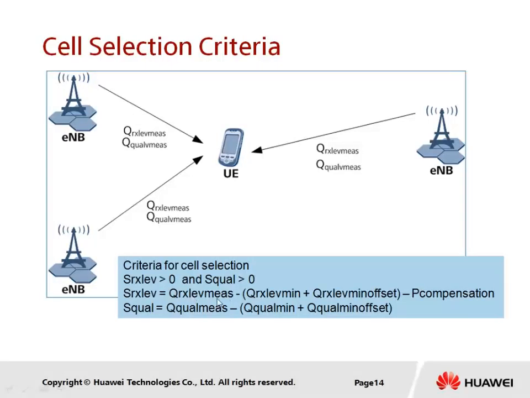That means the measured RSRP has to be greater than the minimum requirement with the minimum offset with P compensation. So is the RSRQ, where the measured RSRQ has to be greater than the minimum requirement with the Q qual min offset. The Q qual min offset and Q rxlev min offset are usually set at 0.